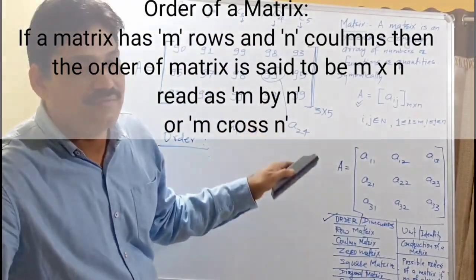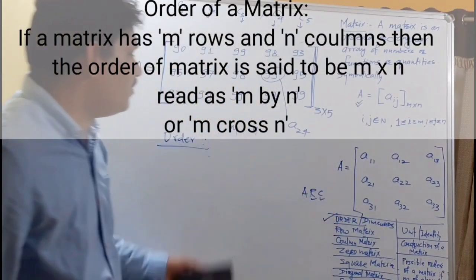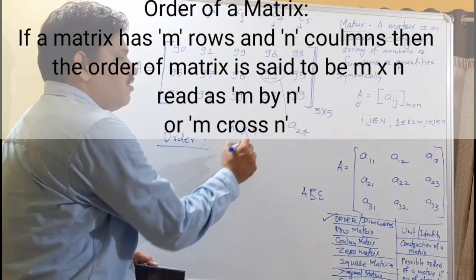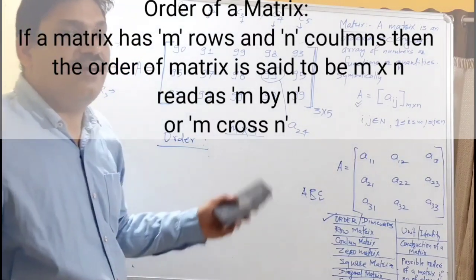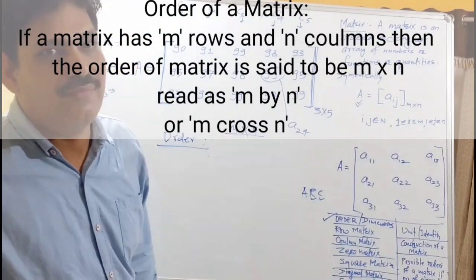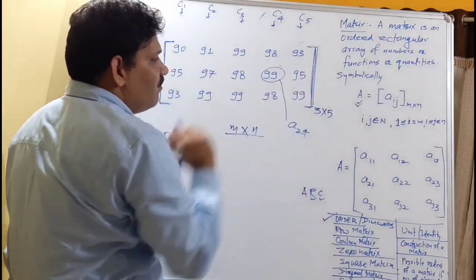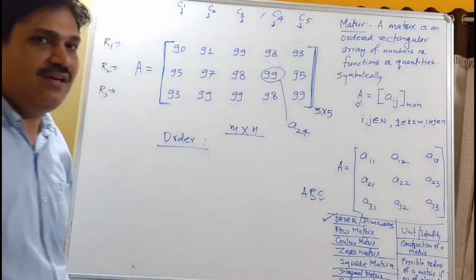If a matrix has m rows and n columns, then its order is m cross n, that is m by n. This is read as m by n. So here our matrix has 3 rows and 5 columns, so its order is 3 by 5.